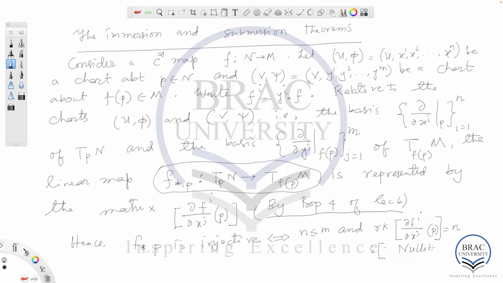In other words, the nullity of this matrix has to be zero, and hence the rank of this matrix has to be n, which is the dimension of this domain tangent space.